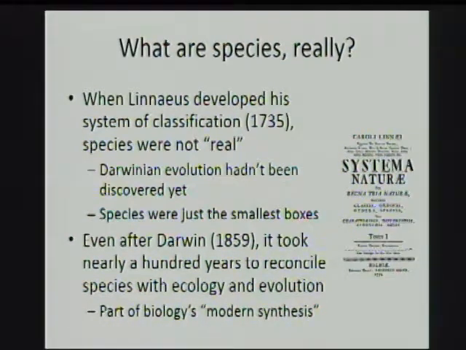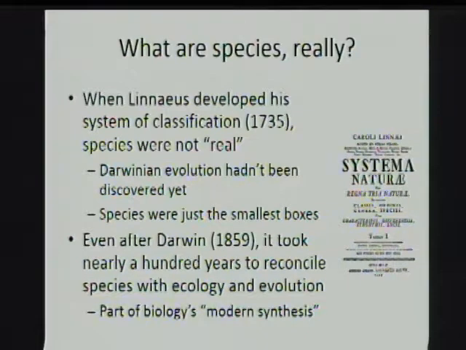And the story is really cool. It's part of this amazing modern synthesis of biology. And species are so cool because they're one place where ecology and evolution interact, right? So the species evolve and they interact with the environment through the niche, this idea of niche, and it's just really cool.